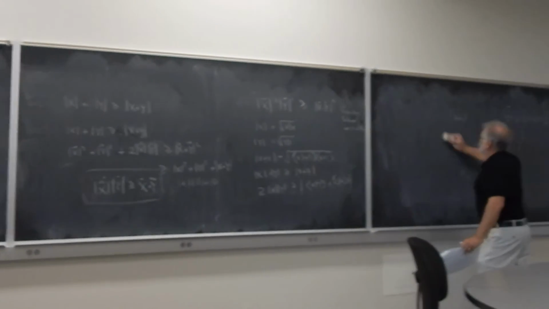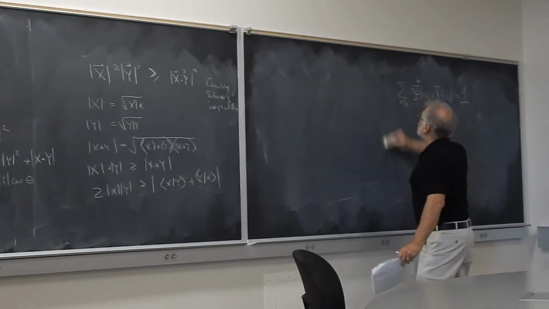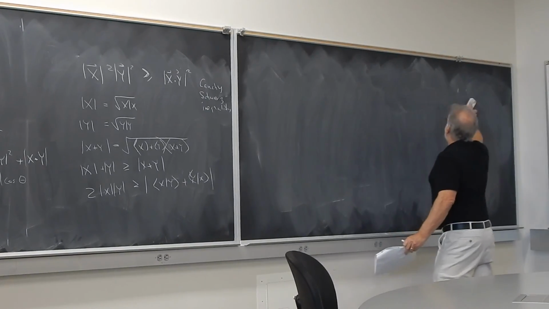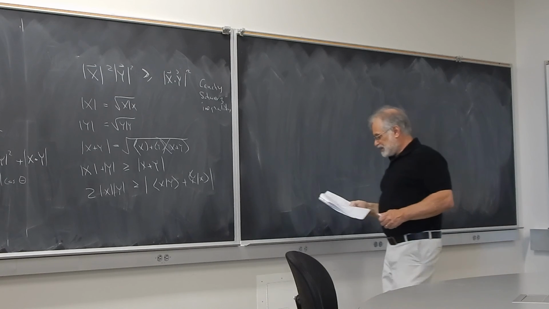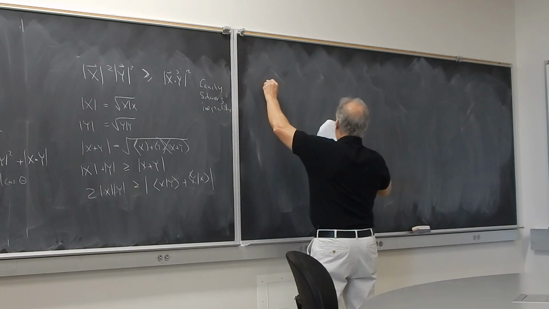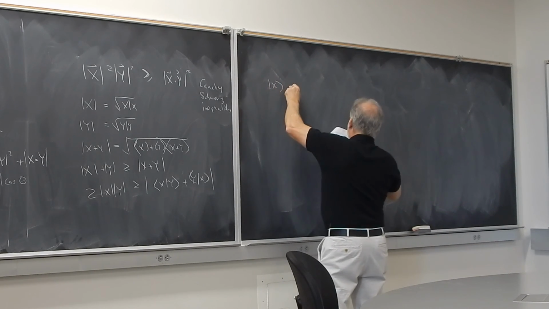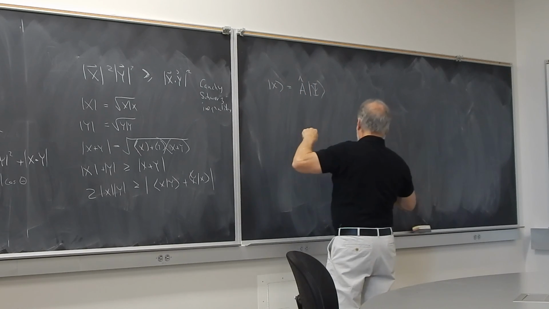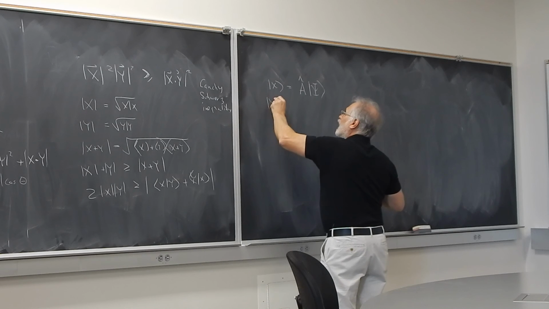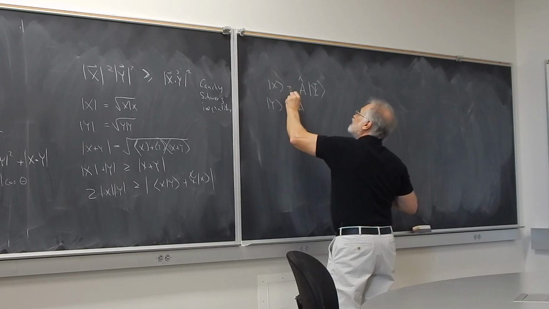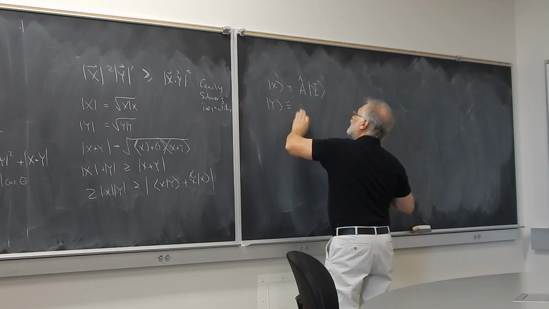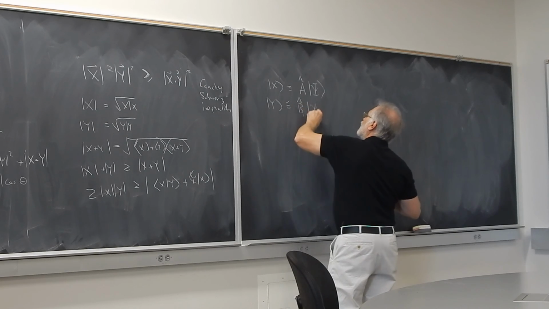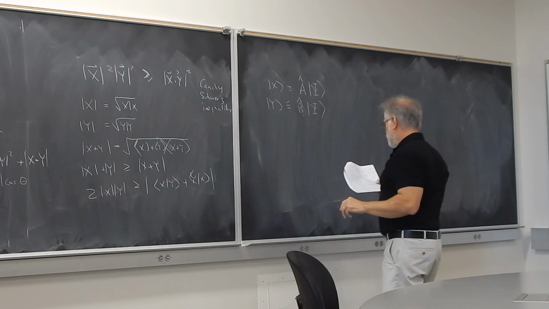To get to a general uncertainty principle then, what I need to do is define ket x as A operating on psi, and ket y as defined as B operating on psi.